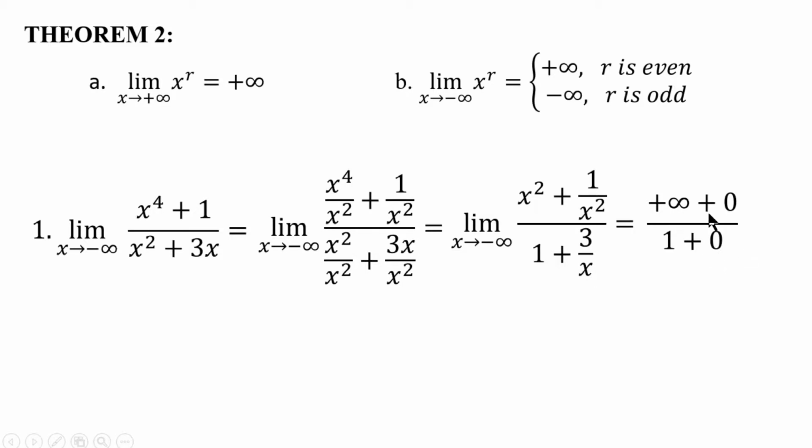Positive infinity plus 0 is equal to positive infinity, over 1 plus 0 is 1, and positive infinity divided by 1 is positive infinity. Therefore, the limit of x squared plus 1 over x squared plus 3x as x approaches negative infinity is positive infinity.